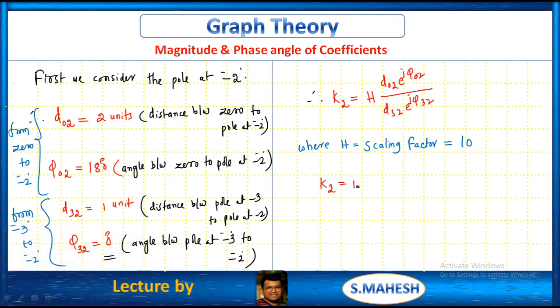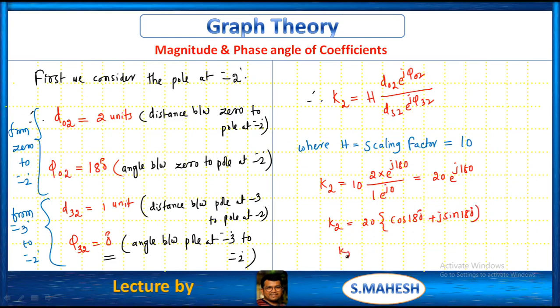Therefore, K2, which is equal to 10 into d02, is what? 2 into e power j 50_2, j 180 by d32 is nothing but 1 unit only. This is nothing but e power j0, which is equal to 20 into e power j180. Finally, K2 equals 20 into cos 180 plus j sin 180.